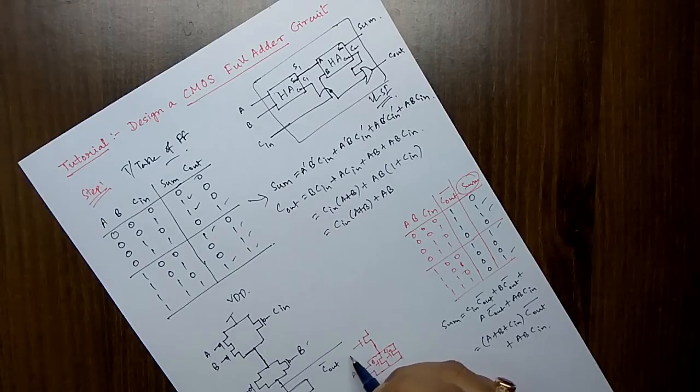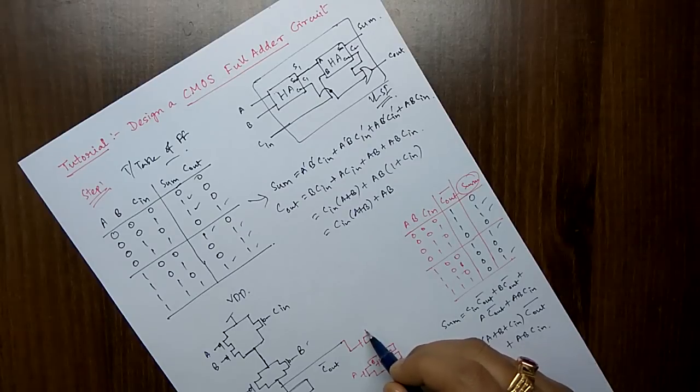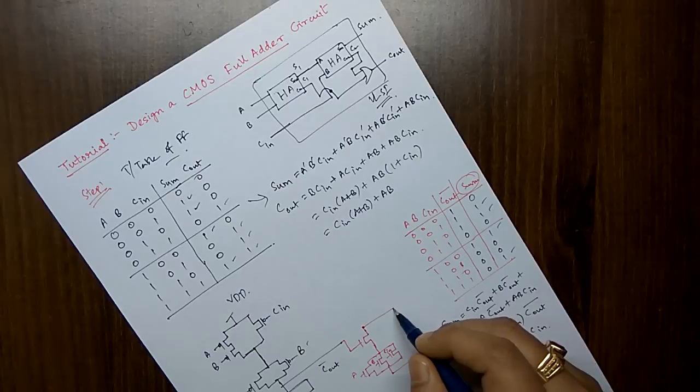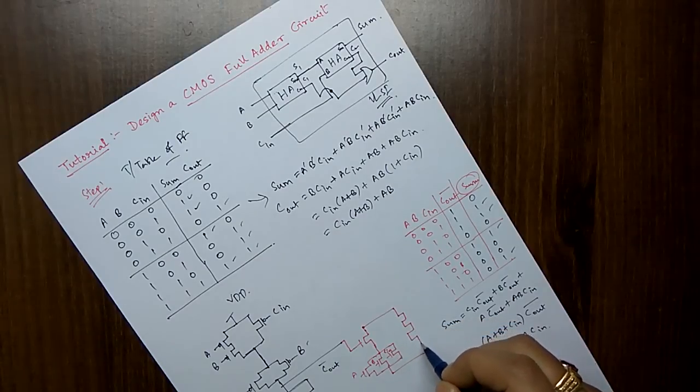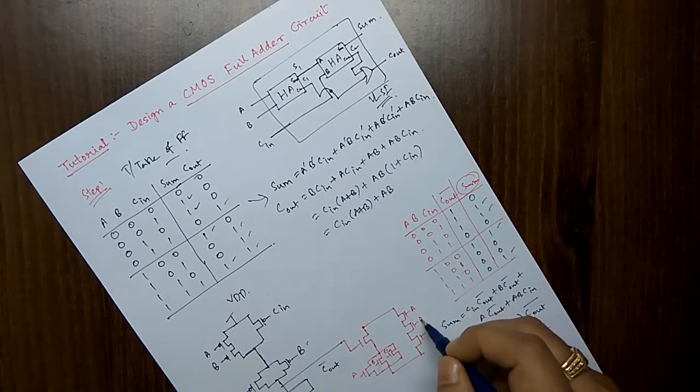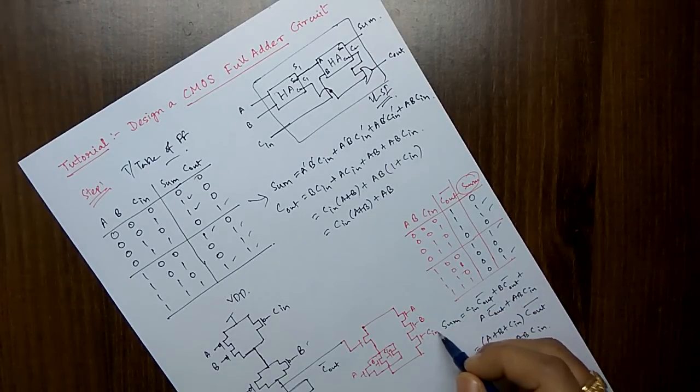So this is C out bar. If I take a direct connection here, this is nothing but C out bar. Now plus means parallel. A, B, C in all should be in series for pull down. So pull down is ready.